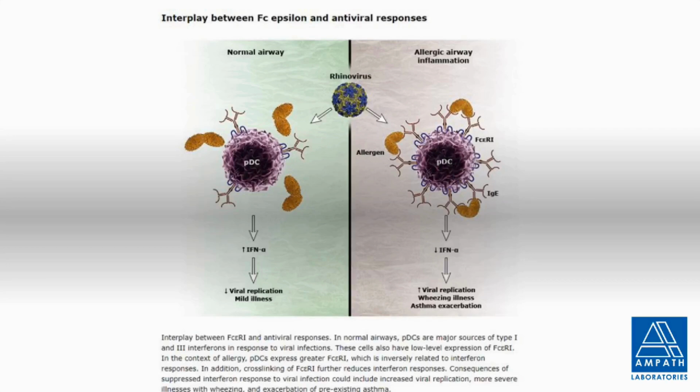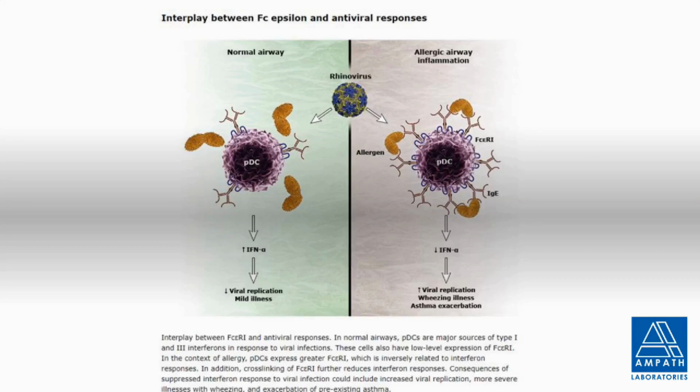But on this side, where you have an allergic airway with inflammation, when you have a virus that is introduced and you already have allergens present, you have an increased expression of these high affinity receptors, which is on the FC region of your eosinophil. And what happens here is that you have an inverse relation between your expression of receptor and your interferon response.